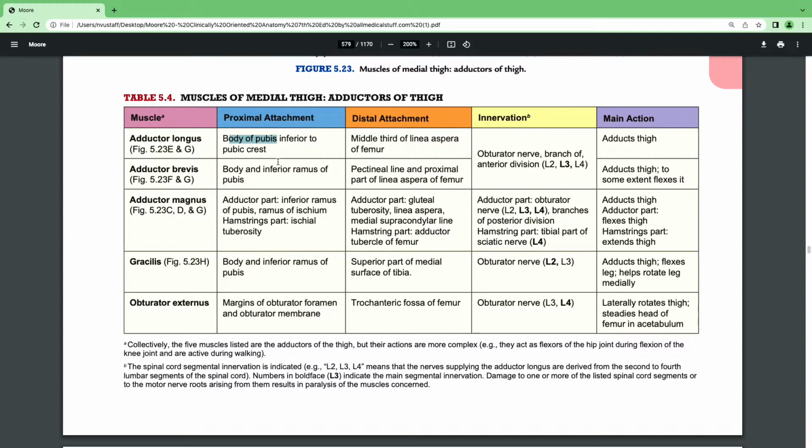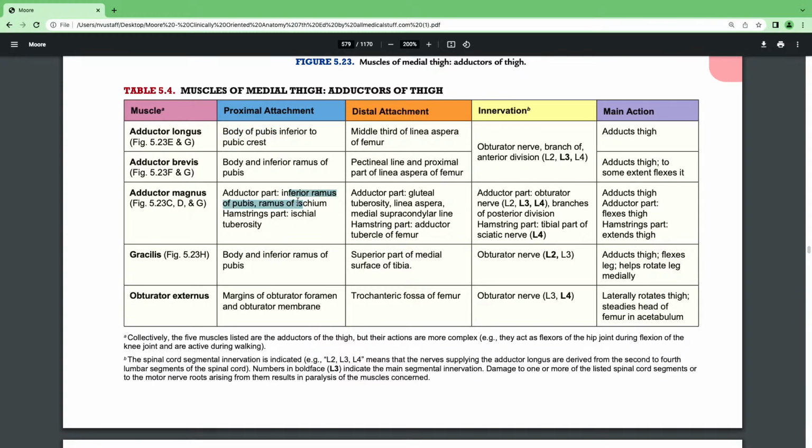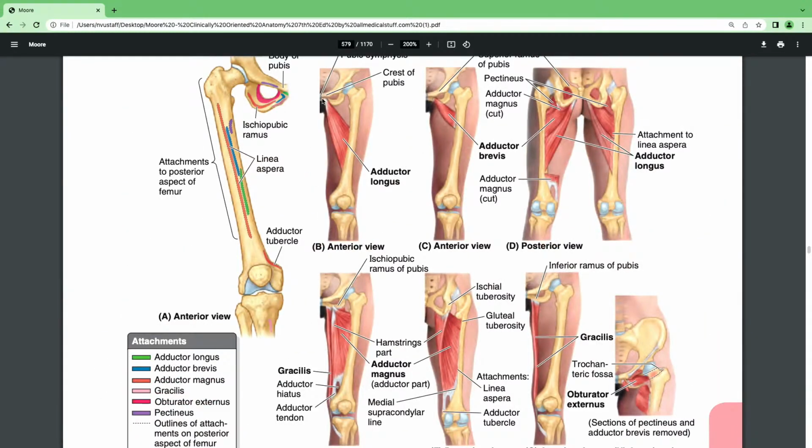Either it will be the body of the pubic bone, as you can see here, or it will be the inferior rami, as you can see here. So it's simply very logical, because as you pass from medial to more lateral regions for the attachment, from body to the rami, simply to say. So that's why it's very easy to memorize.